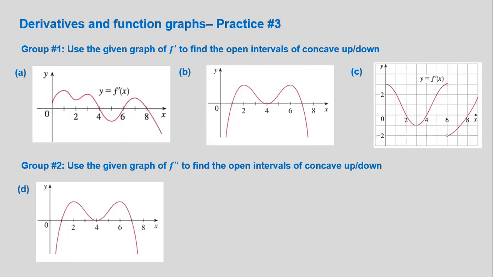The first set of 3 graphs gives us the first derivative graph, and based on the first derivative, how do we decide the concavity? The second one gives us the second derivative graph, and based on the second derivative graph, how do we decide the concavity?